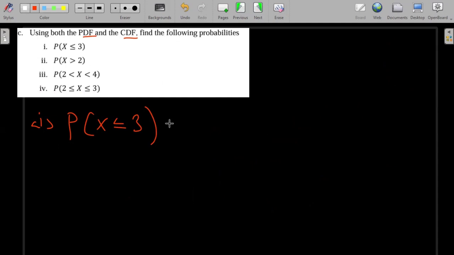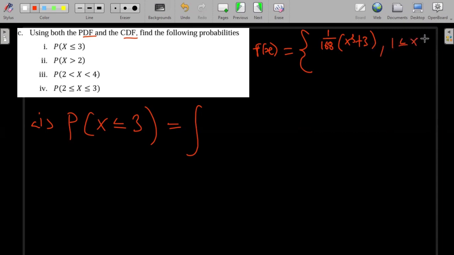This probability simply means the integral from the lowest point of the defined interval, because we're given this PDF: f of x is equal to 1 over 168, then x to the power 3 plus 3, for 1 less than or equal to x, which is less than or equal to 5, and elsewhere 0.